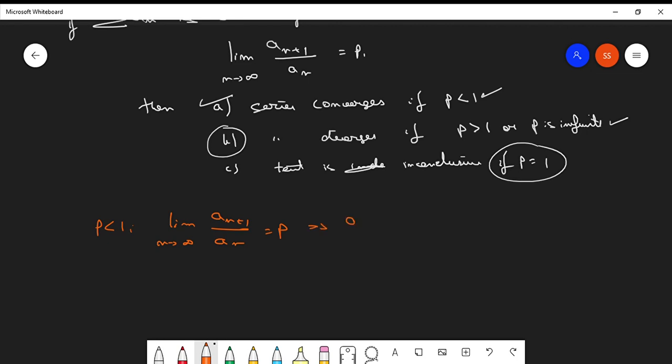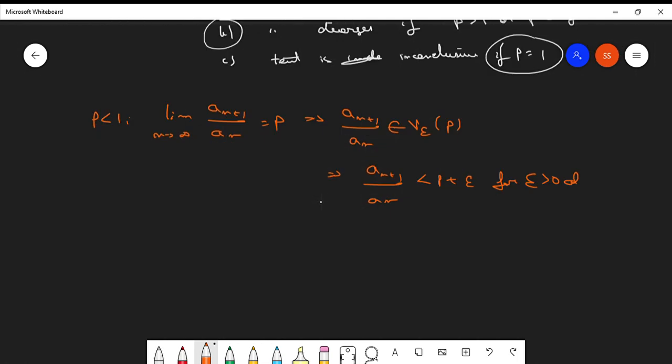This basically means that a_(n+1) over a_n belongs to the neighborhood of p, and from here we can say that a_(n+1) over a_n is less than p plus epsilon for epsilon greater than 0, and this happens for n greater than n naught, where n naught belongs to the set of natural numbers.